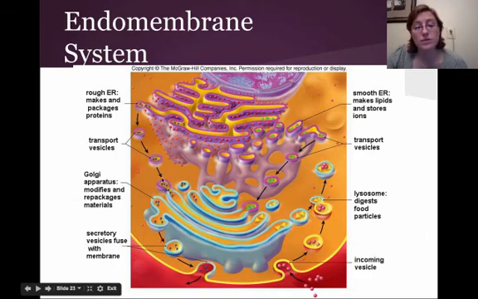Here that vesicle is fusing with the Golgi apparatus, and the Golgi apparatus is going to package it into a secretory vesicle that we see over here, right? Remember, the Golgi is like the UPS system. It puts those proteins into a secretory vesicle, and then that vesicle is going to fuse with the cell membrane, and those proteins are going to be exported.